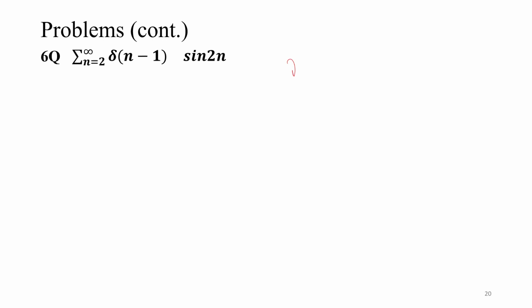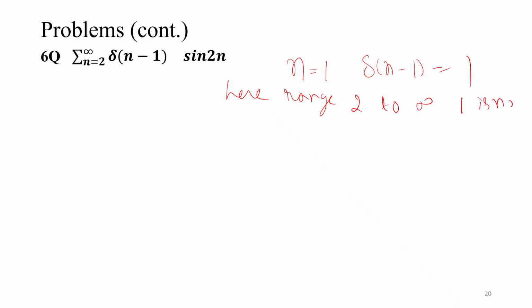When n is equal to 1, del of n minus 1 equal to 1. But here the range is 2 to infinity, 1 is not there. So here the answer will be 0, because you cannot consider that value.